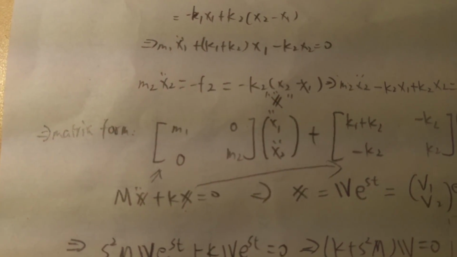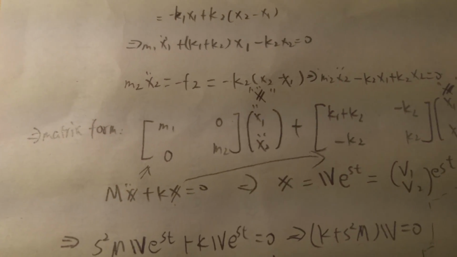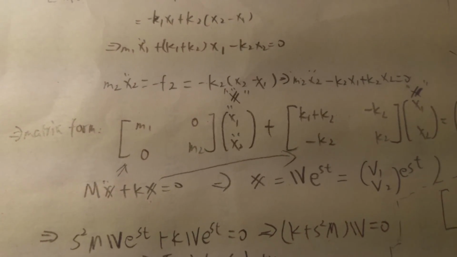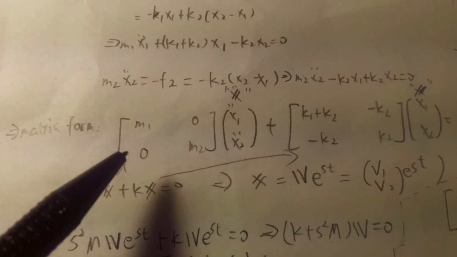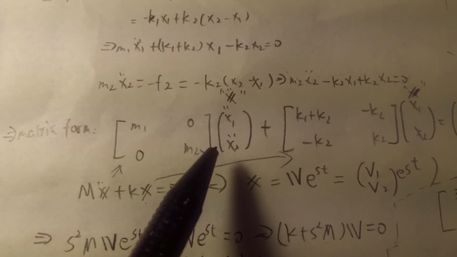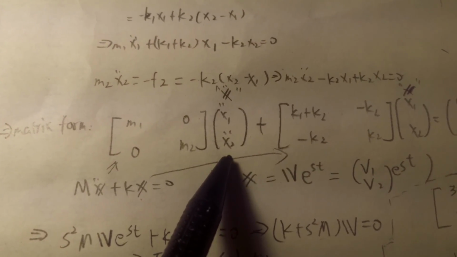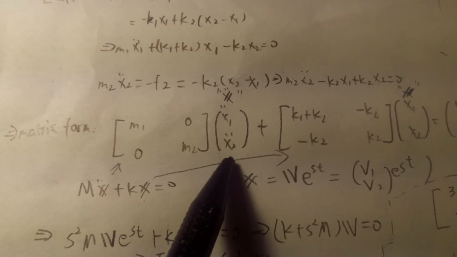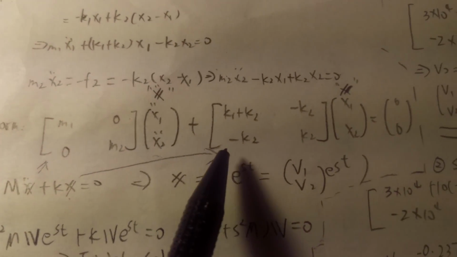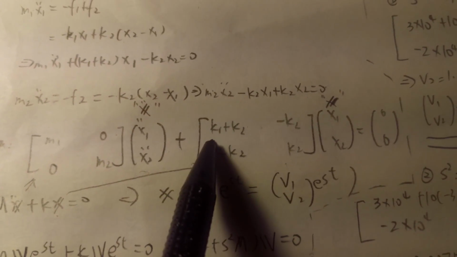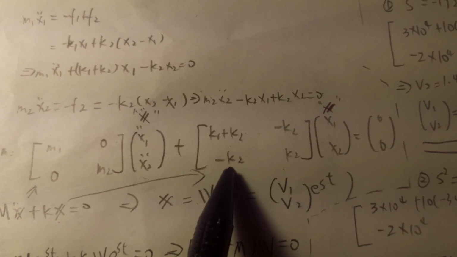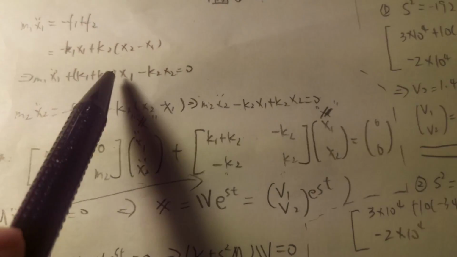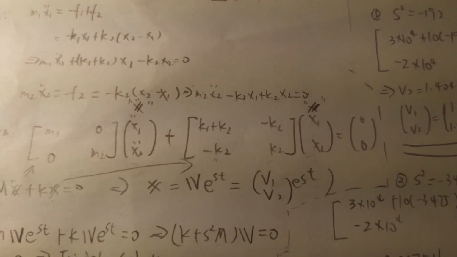Then we need to find the matrix form of this equation, as we show here with M1, M2 on the diagonal, and the other two parts are 0. For this vector, x1 double dot and x2 double dot is the vector x double dot, and the other part is K1 plus K2, minus K2 here and minus K2 here, as we show in the equation above, times the vector x, x1, x2, equals 0.